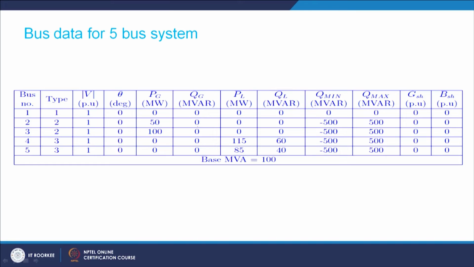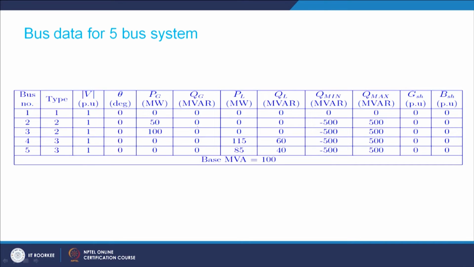So, in per unit, PG for bus 2 would be 0.5, and for bus 3 PG would be 1 per unit, and for bus 4 PL would be 1.15. So, the injected real power at bus 4 would be minus 1.15 pu.